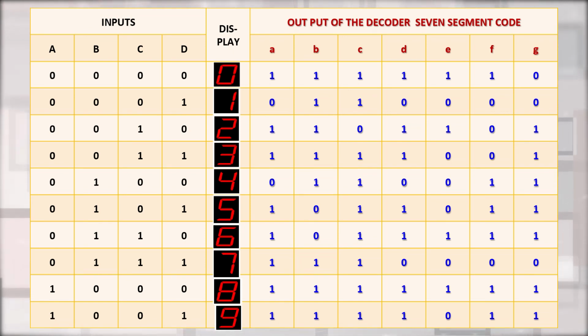This way, for input 3, the e and f are 0 and the rest are 1. For input 4, the a, d and e are 0, all others are high. For input 5, the bit outputs b and e are 0, remaining all are high.